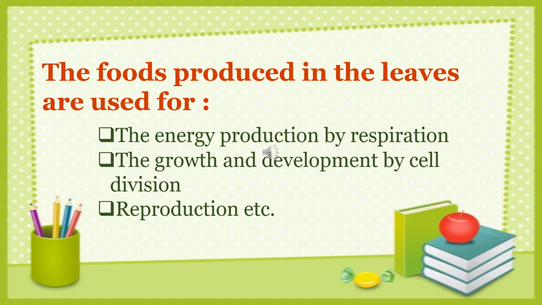This energy is very important for other cellular activities, and among them cell division is a very important process, because by the process of cell division, the growth and development of plants or any kind of living bodies is ensured. Not only that, food is also necessary for reproduction.